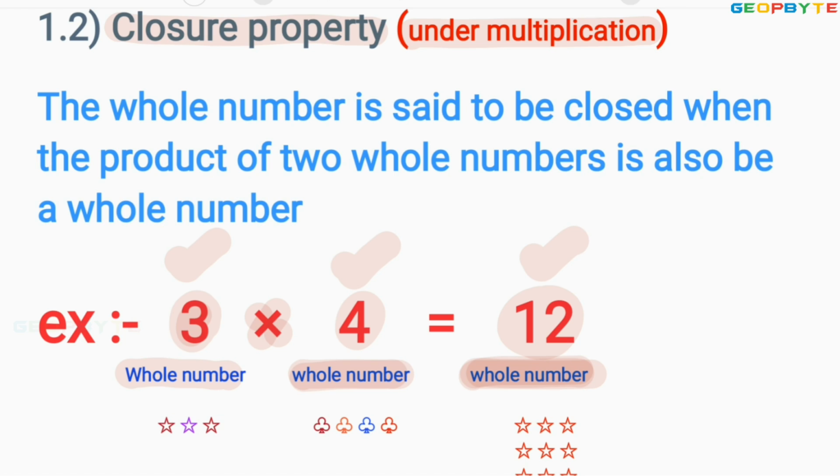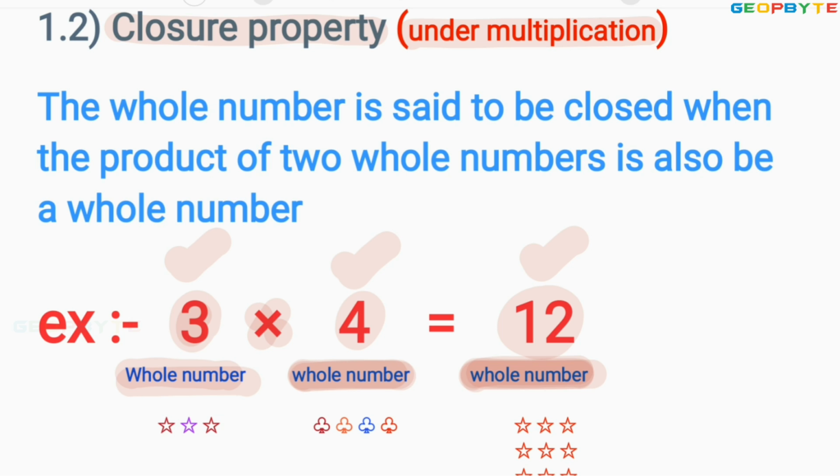It means the multiplication of two whole numbers is also a whole number, or the product of two whole numbers is also a whole number. Therefore, the whole number is said to be closed under multiplication.